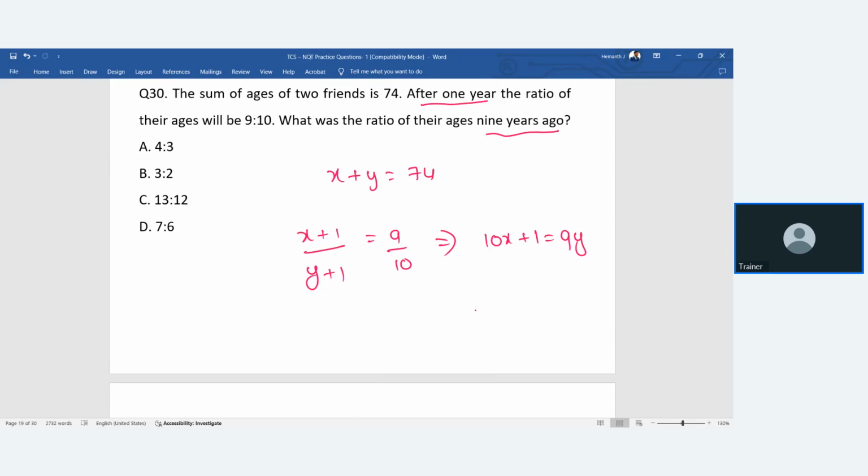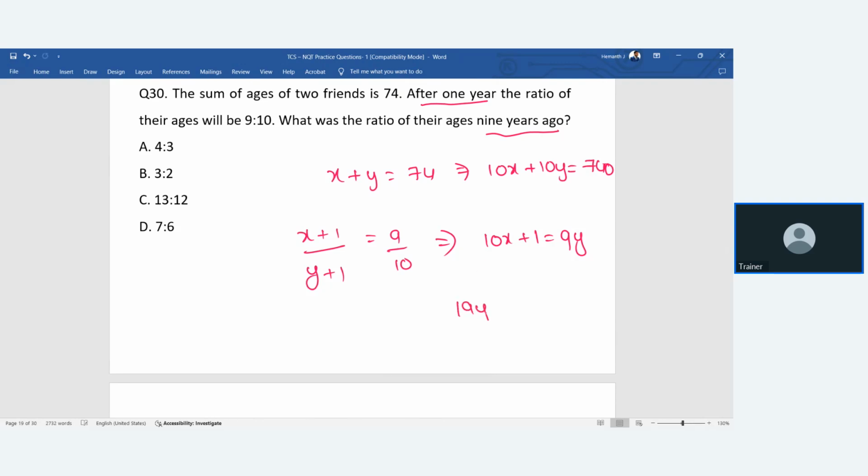Now we need to find one among the x value and y value, then automatically the other will be obtained. If you multiply this with 10, then 10x plus 10y equal to 740. Taking the difference, 10x and 10x get cancelled.